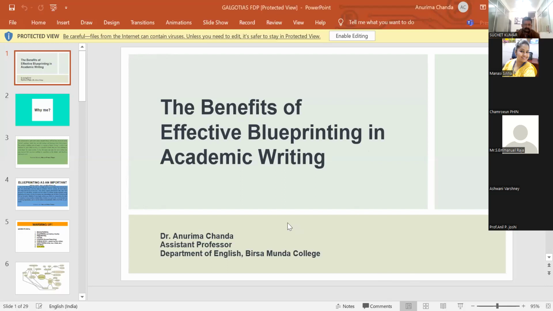Yeah, it's visible. Okay, so as Dr. Apeksha was mentioning, I'm going to talk today about the benefits of effective blueprinting in academic writing. From the final schedule, I see that this has been a day of research and methods, talking about methodology from different dimensions. Dr. Sabyasachi in the morning was talking about research methods and theory.